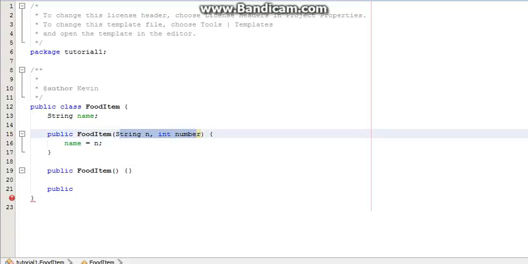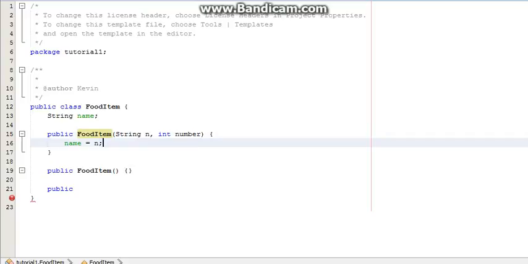The number of parameters that should be included in a constructor is dependent upon what pieces of data we wish to initialize.